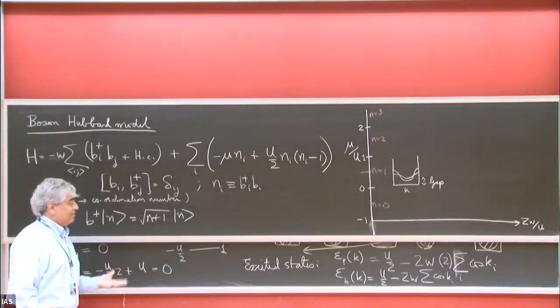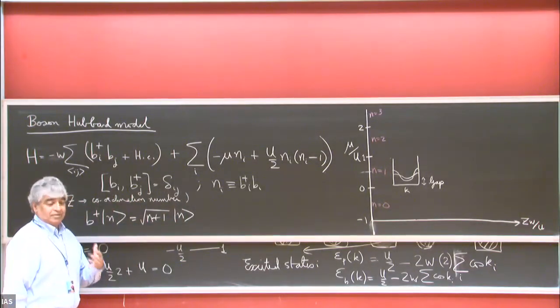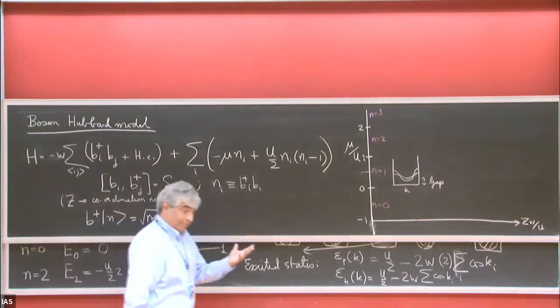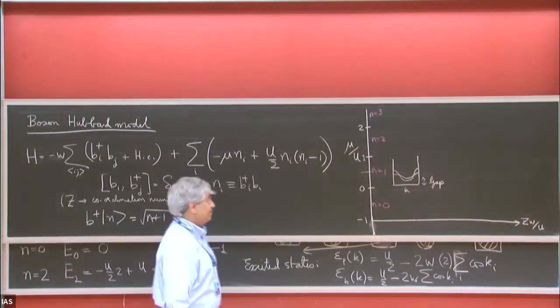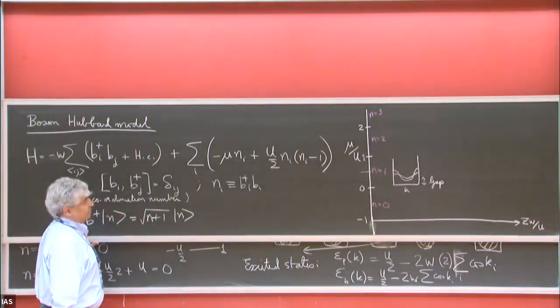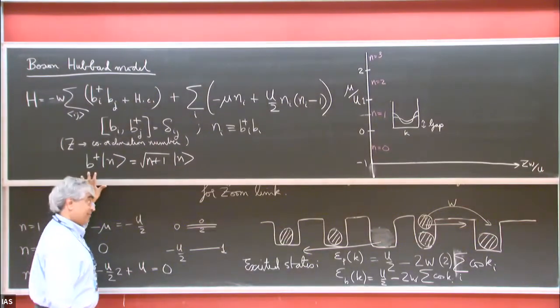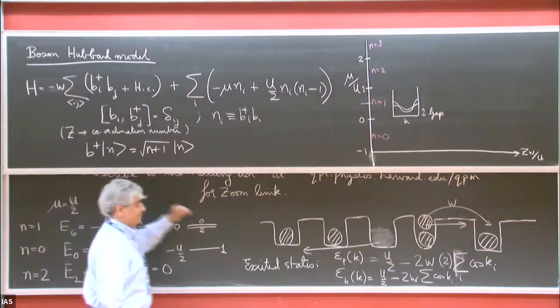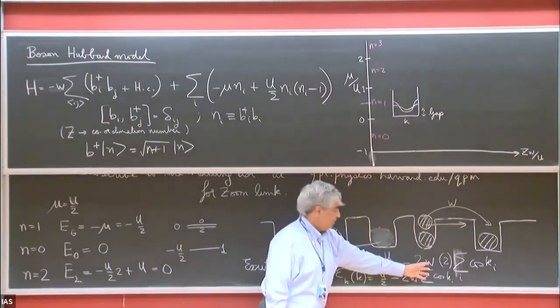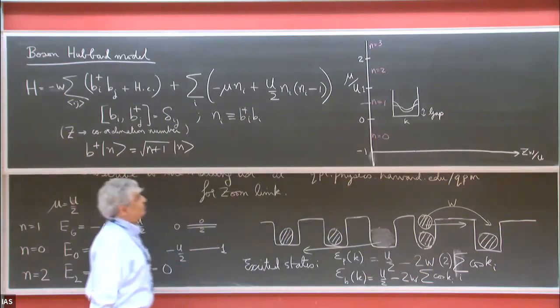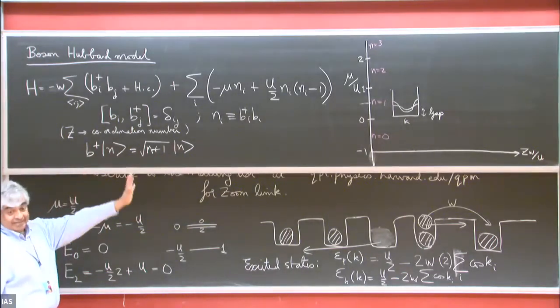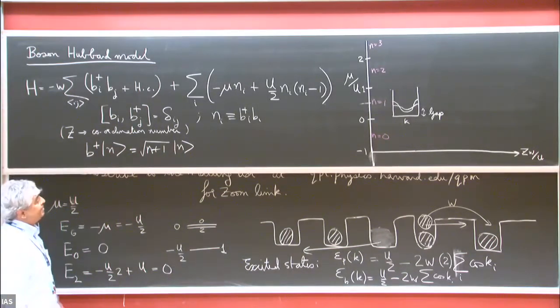And the excited states come in two types. There's a charge +1 excited state and a charge -1 excited state, corresponding to the particle and the hole. And they cost a finite energy to create, which is this energy of order U over 2 minus something times W. But W is small, so there's a range of W where the gap persists.